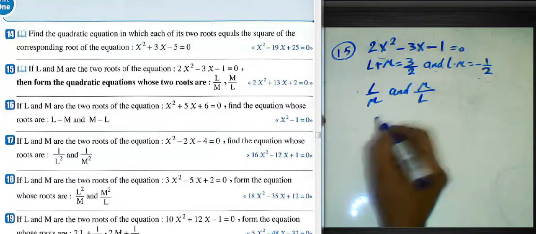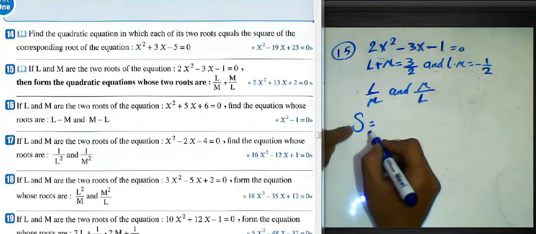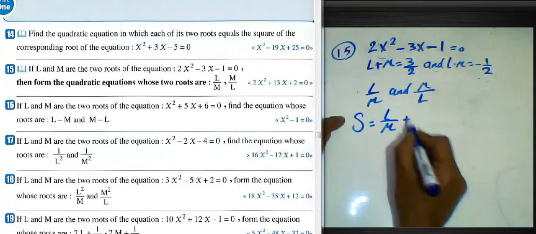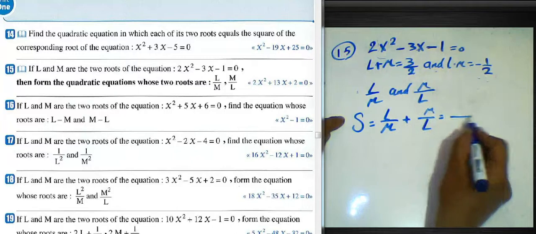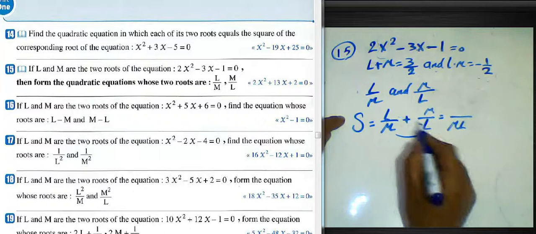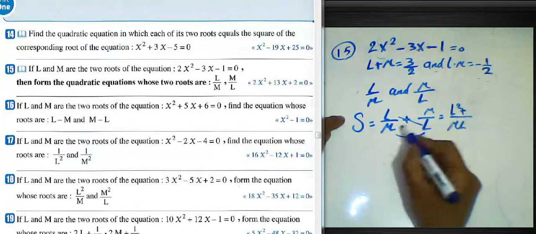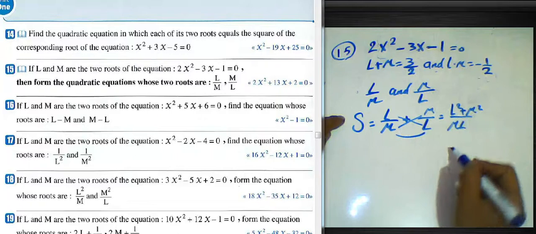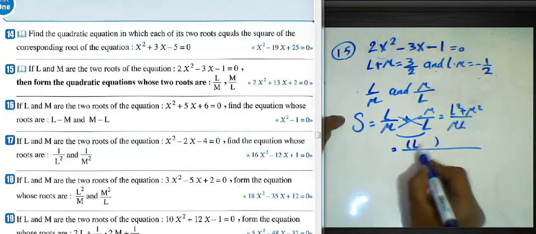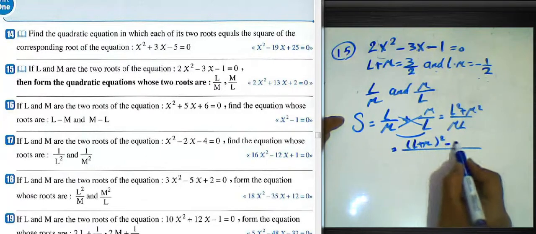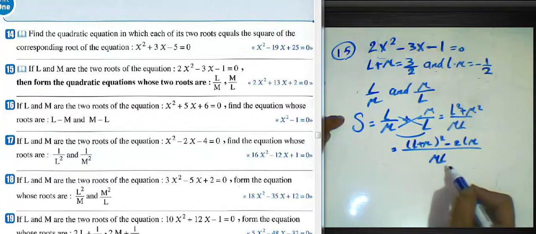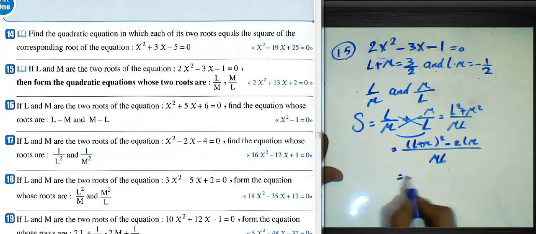First we must write the sum. Reverse to the sum: L over M plus M over L. We can sum this by multiplying L and M will be ML, and L multiply L power 2, M multiply M, it will be M power 2. So we can sum this as (L plus M) squared subtract 2LM, over ML in the denominator.